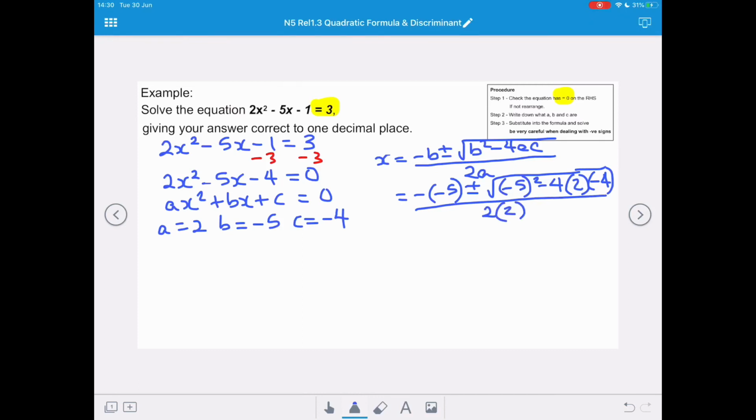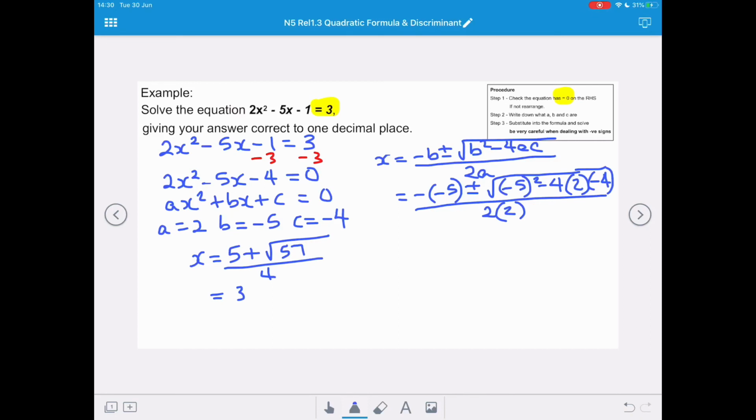So again, two roots. We've got x is equal to -(-5) is +5 plus the square root of 25 take away -32 is 57, and that's all over 4.